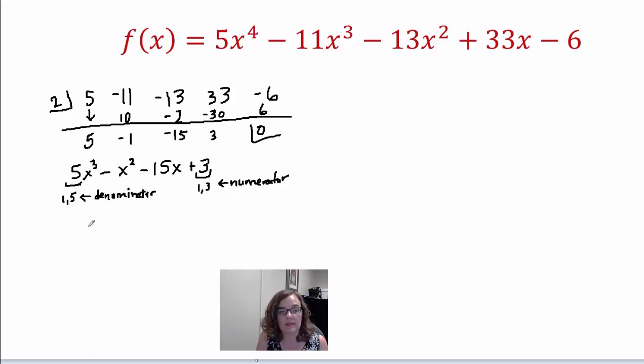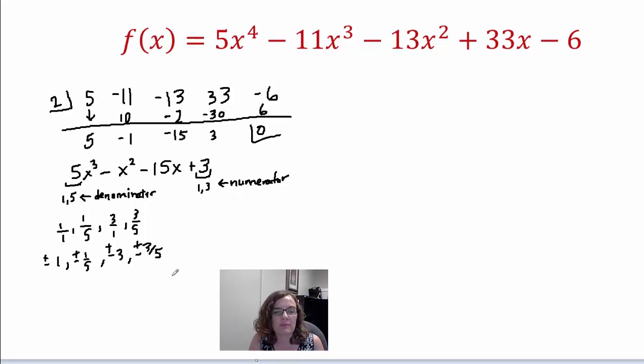So we'll have things like 1 over 1, 1 over 5, 3 over 1, 3 over 5. And this is a smaller version because of using the smaller polynomial instead of the original one. But remember, for these, we end up getting plus or minus 1, plus or minus 1/5, plus or minus 3, plus or minus 3/5. I don't know where that 3/2 came from.